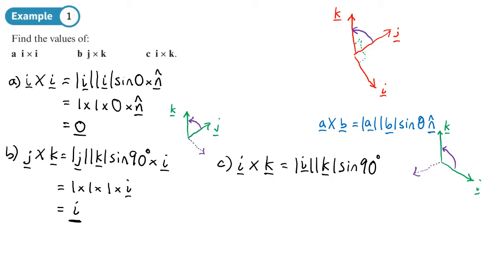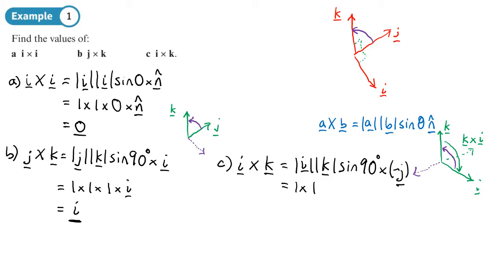So that means that actually this normal vector, which is perpendicular to both, for i cross k, will be negative j, not k. If it was k cross i, the other way round, and we were measuring the angle going this way, like this, that would then be the vector j going in that direction.